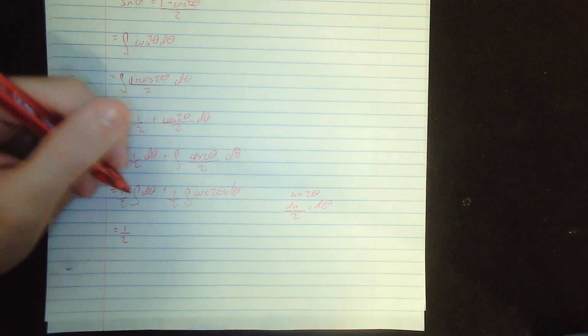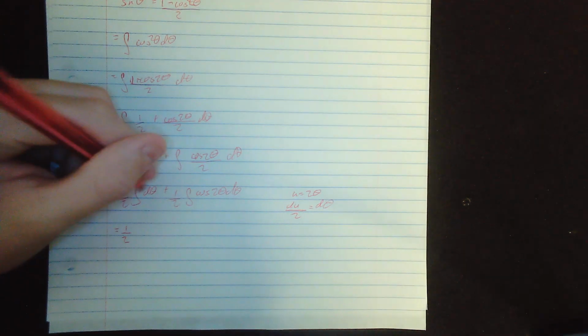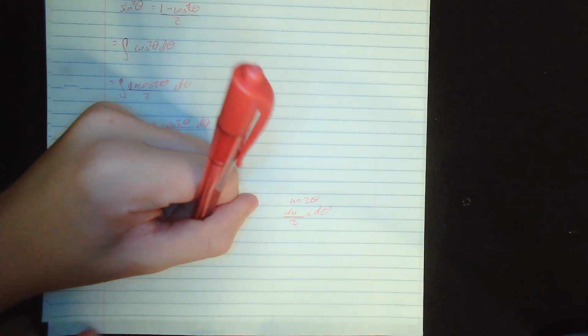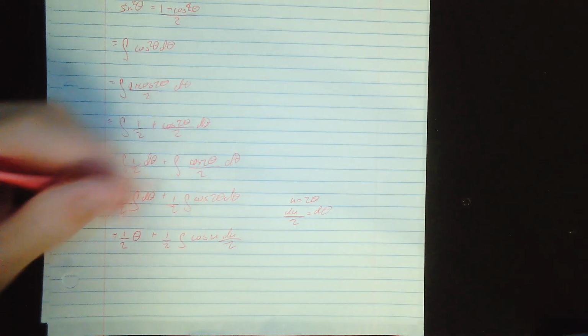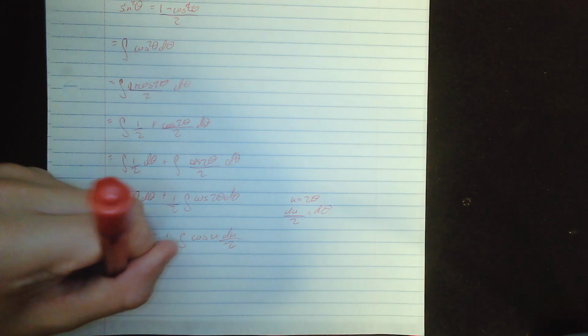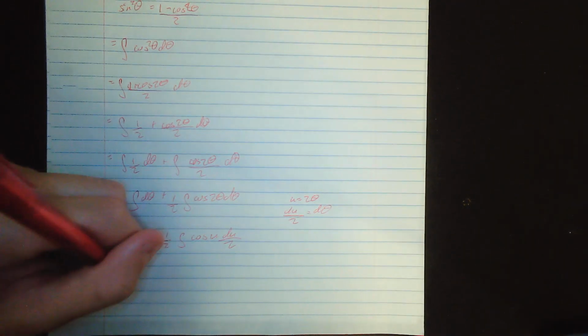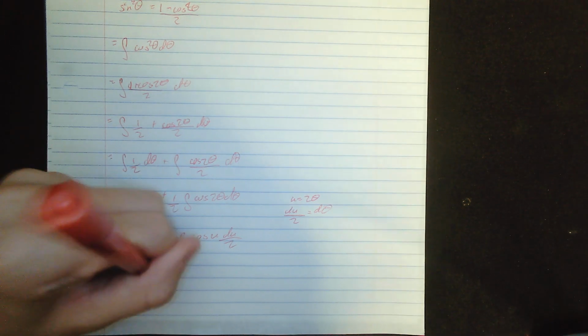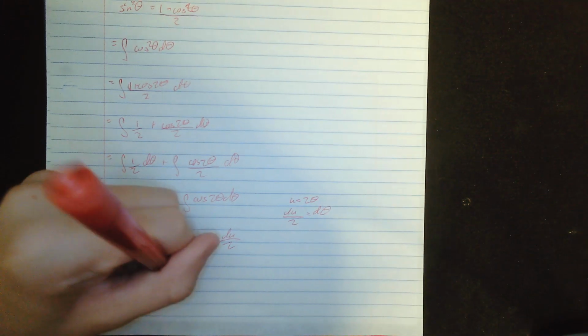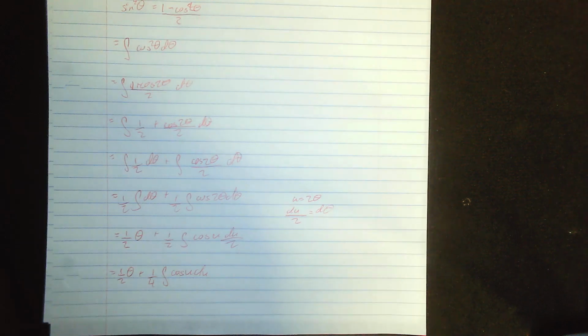We plug these out. So the first one, if you have nothing in the integration, it just becomes the variable. So now we have 1/2 of theta plus 1/2 the integral of the cosine of u du over 2. We add the 2 to the other equations, so we add the 2 to the 1/2. So we have 1/2 of theta plus 1/4 the integral of cosine of u du.